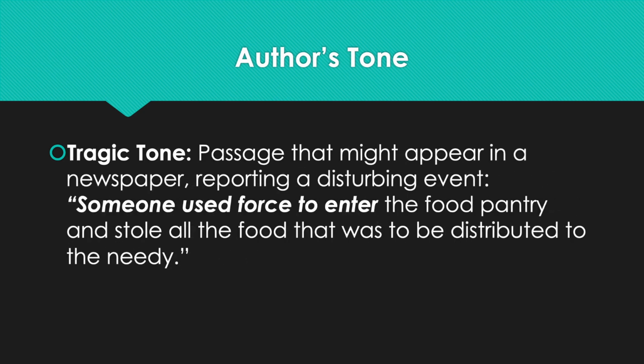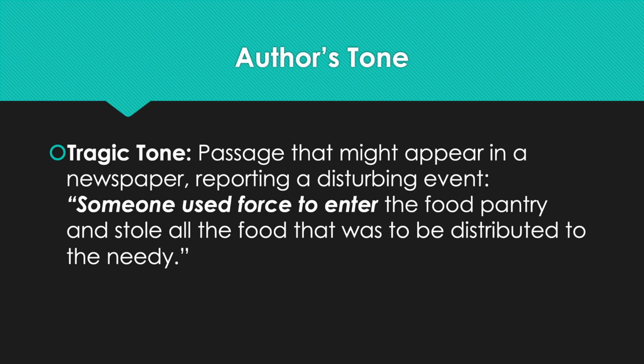A tragic tone will appear in a passage that might be in a newspaper reporting a disturbing event. So, for example, someone used force to enter the food pantry and stole all the food that was to be distributed to the needy.